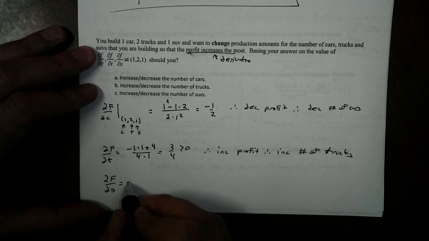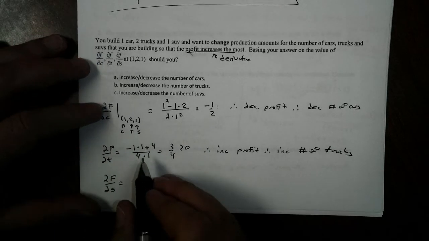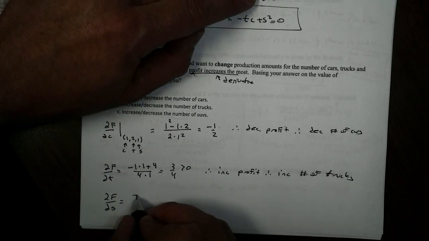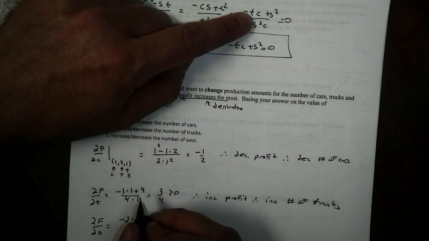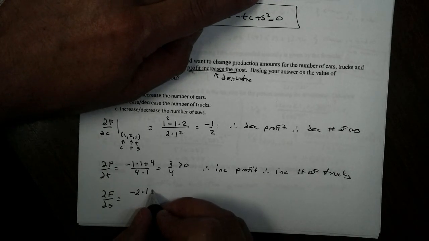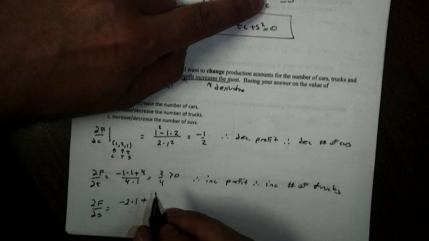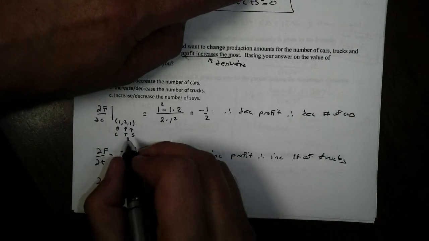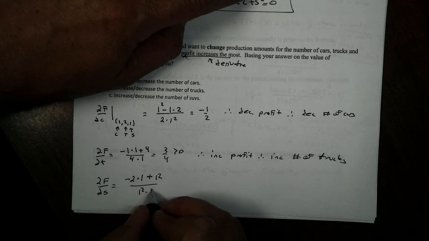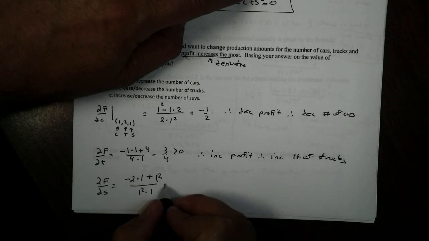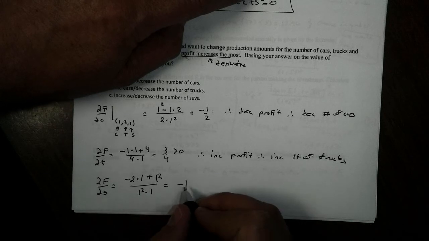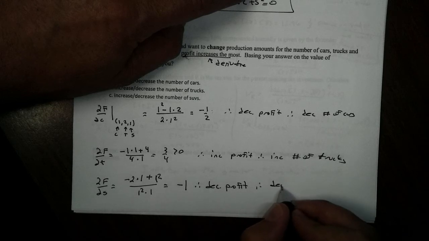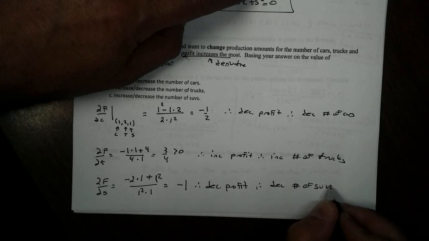Again at the point 1, 2, 1, if I plug that in over here, negative t, so negative 2 times c, which is 1, plus s squared, s is 1, so 1 squared, divided by s squared c, s which is 1, squared, times c, which is 1, that should be 1 squared, and that's going to equal negative 1. Therefore, this will decrease profit. What does it mean? Therefore, decrease the number of SUVs.